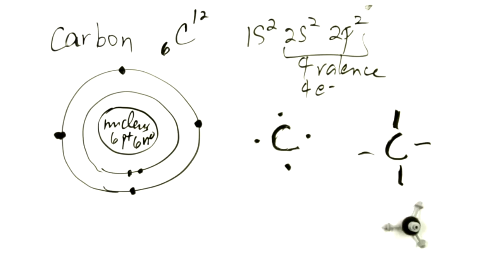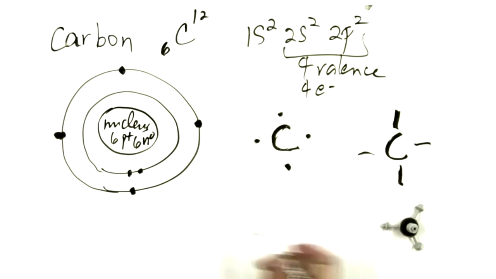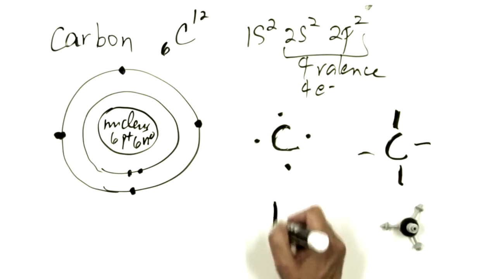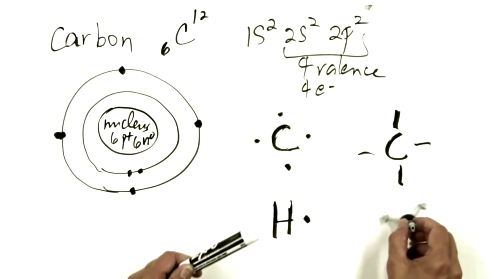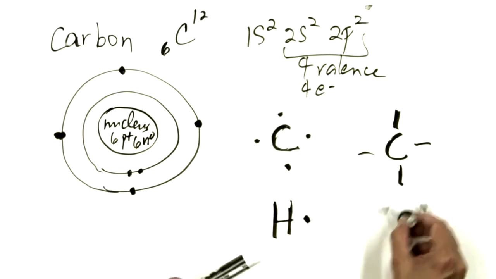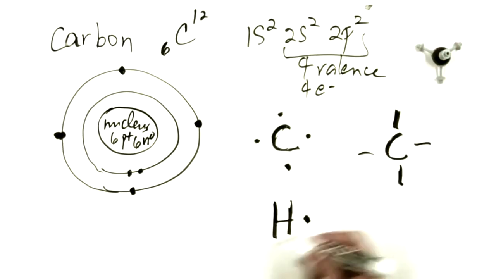So you have the carbon atom with 4, showing you that it needs 4 electrons to become stable. Let's say carbon shares electrons with hydrogen. We have seen earlier that hydrogen can be represented like this, and for hydrogen to become stable, it needs to share 1 electron. So if carbon and hydrogen were to share electrons together, we will come up with something like this.